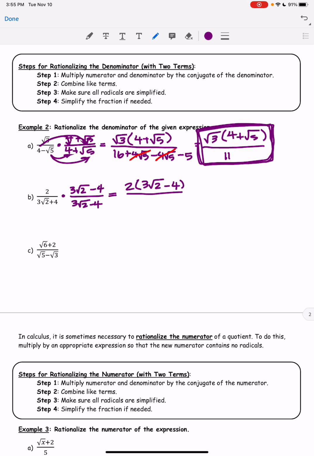all over. My first 3 square root 2 times 3 square root 2. 3 times 3 is 9. And then the square root of 2 times the square root of 2 is 2.